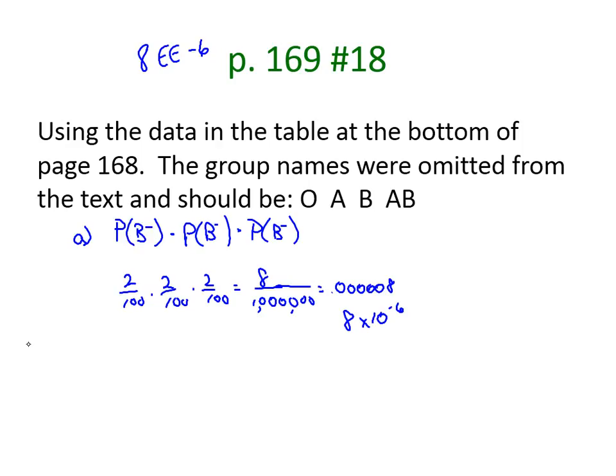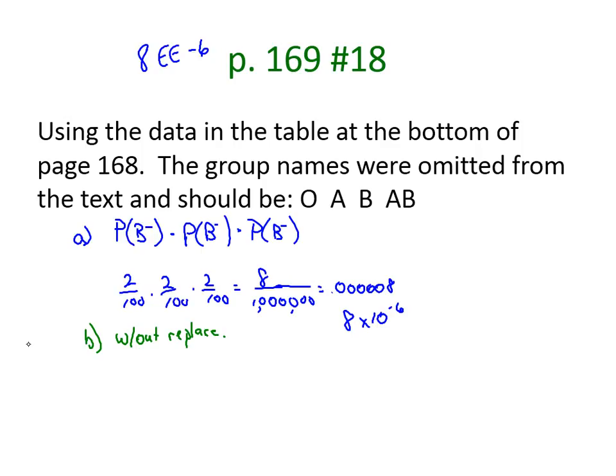Now, the next part. This one was with replacement: we picked a person and threw them back. What if I want 3 different people? I want 3 out of my 100 to look at. So now it's without replacement. If I'm doing this without replacement, are they independent or dependent events?